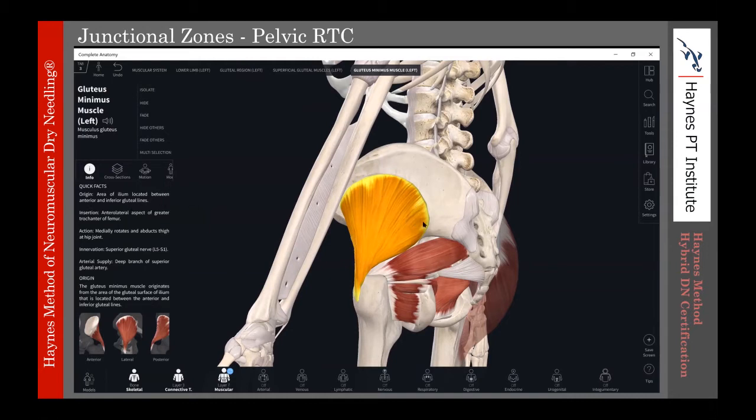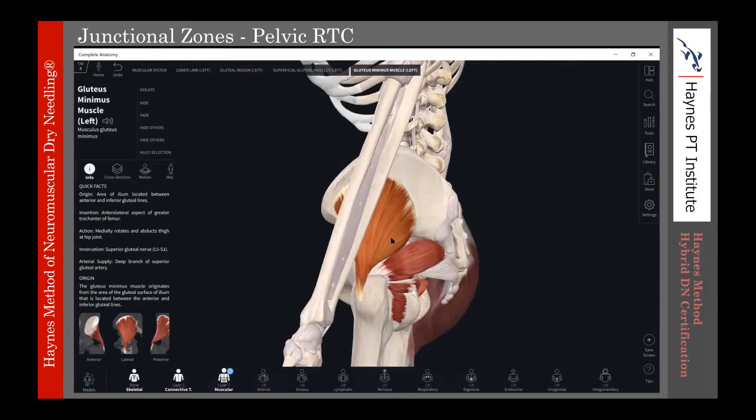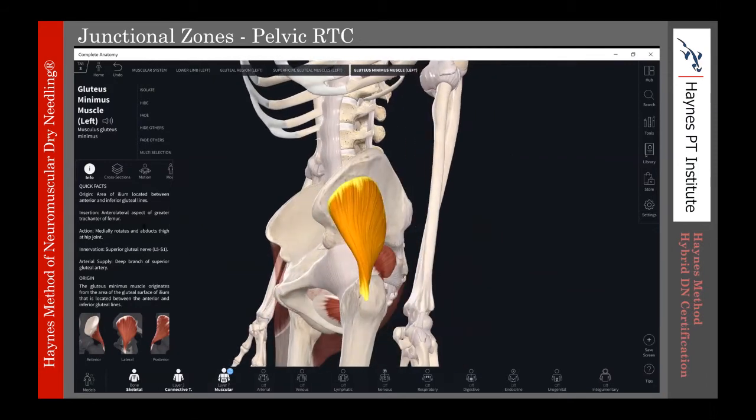So here's the superior gluteal line and then the inferior, and that sits right at that inferior gluteal line. It inserts into the anterolateral aspect of the greater trochanter, and its action also is medial rotation and abduction of the thigh at the hip joint.